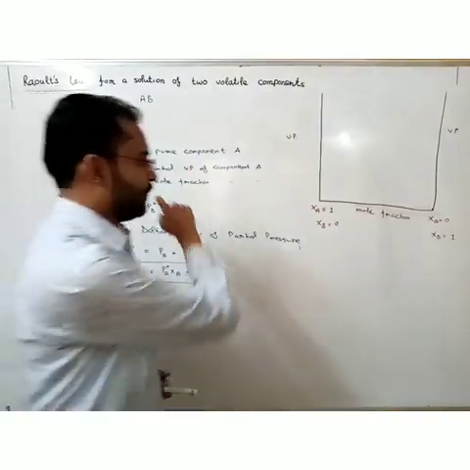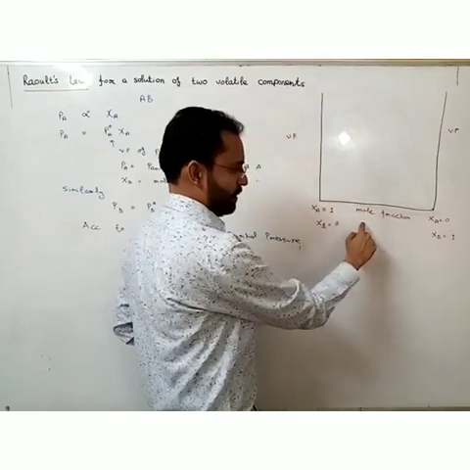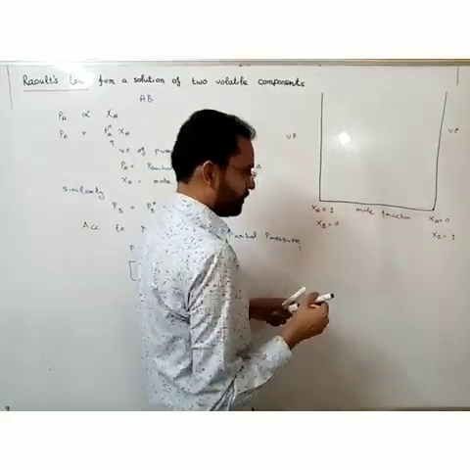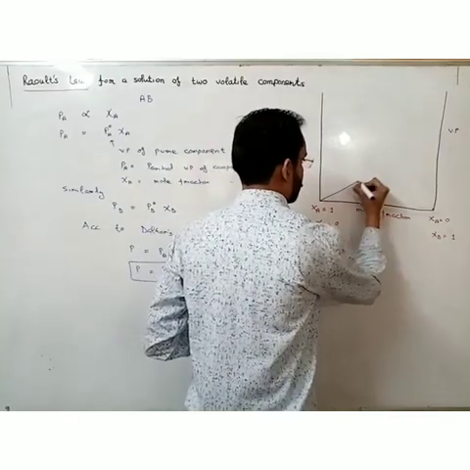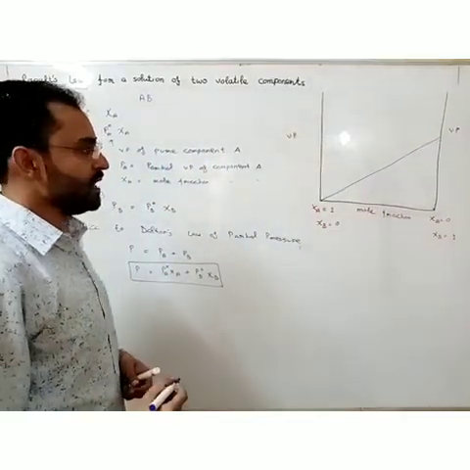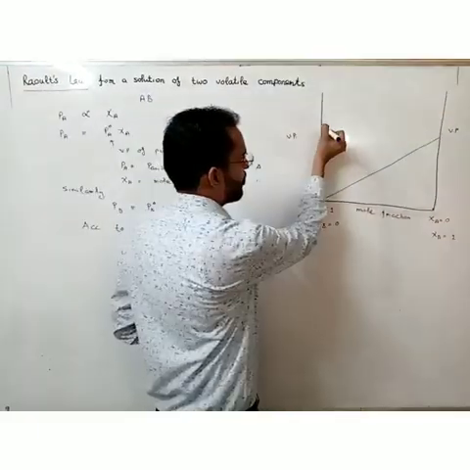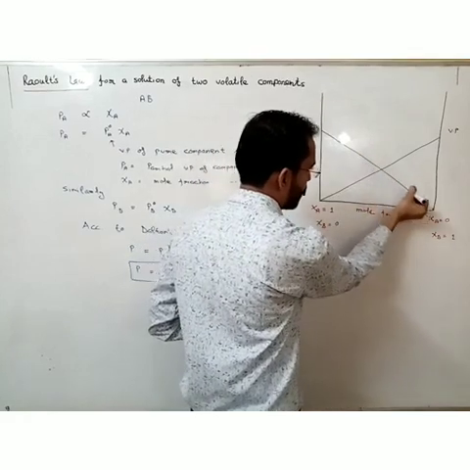According to Raoult's law, as the concentration of component B keeps on increasing, so does its vapor pressure. Similarly, it's true for component A also.